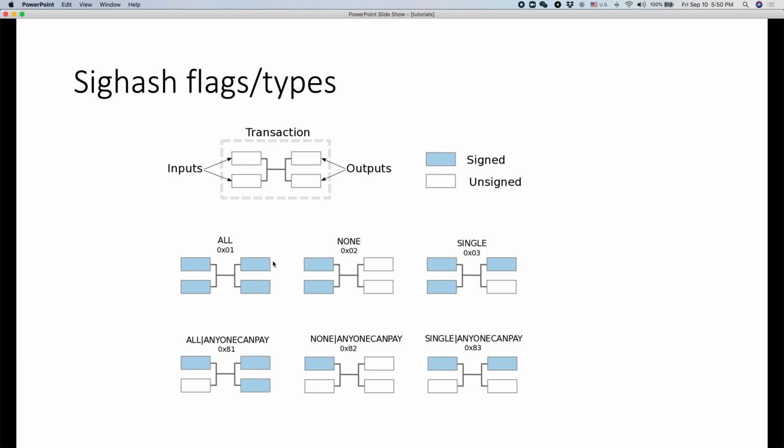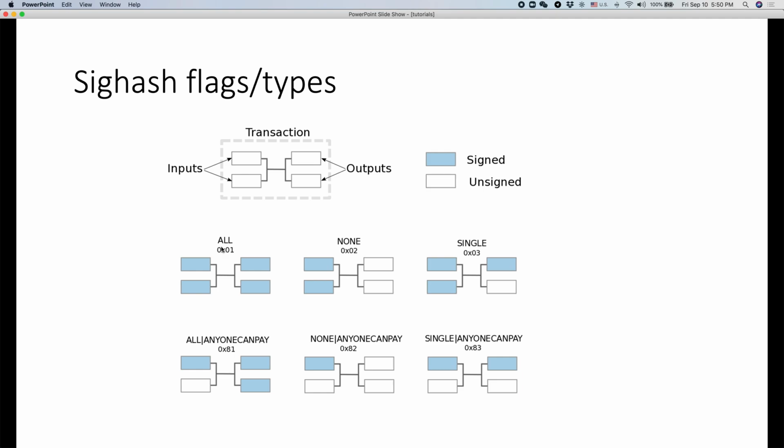By default, as we have seen before, there are three basic Sighash types, namely all, none, or single. By default, it's all. Basically, our signature and Sighash preimage cover all the inputs as well as all the outputs of a transaction.